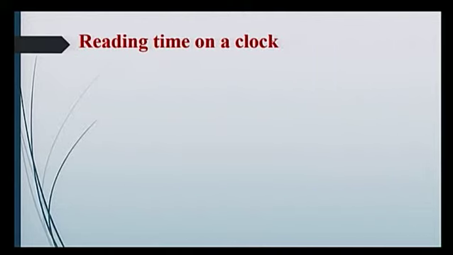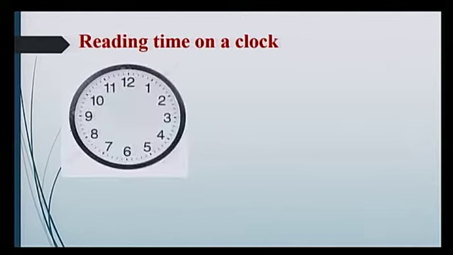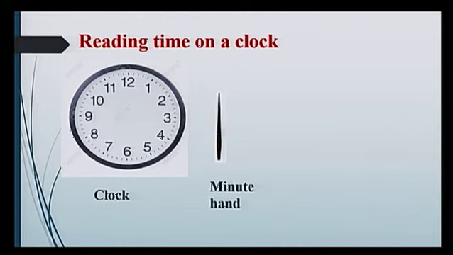Now let us learn how to read time on a clock face. I'm sure you already know that on a clock face we have different hands. We have a longer one which is called the minute hand, and the shorter hand which is called the hour hand.